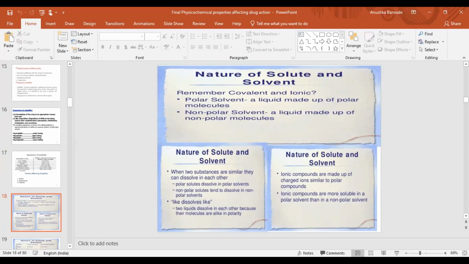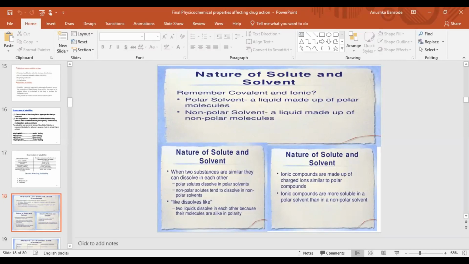When two substances are similar, they can dissolve in each other. So polar solutes dissolve in polar solvents, and non-polar solutes tend to dissolve in non-polar solvents. We call this like dissolves like. Two liquids dissolve in each other because their molecules are alike in polarity, right?